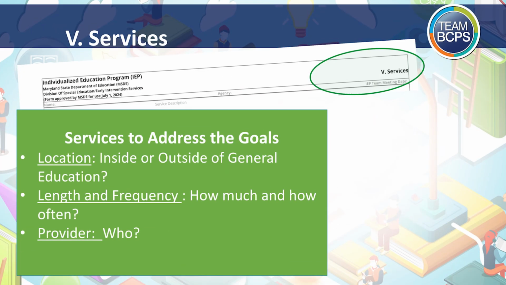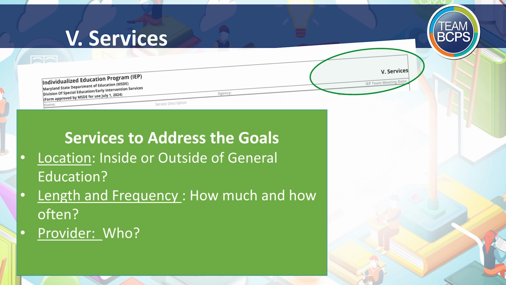All right, we have now arrived at Roman numeral 5, the section parents are often anxious to get to, services. Service decisions for your child are based on those present levels in Section 2, the supports and accommodations in Section 3, and the goals from Section 4.